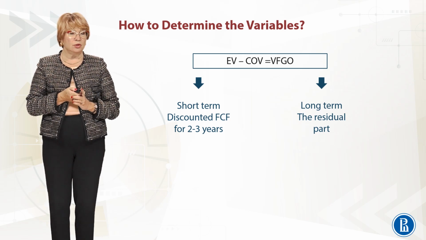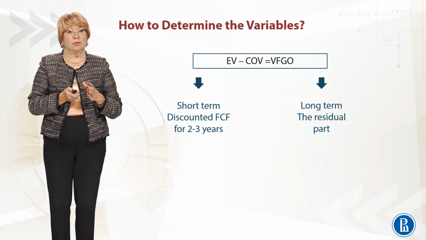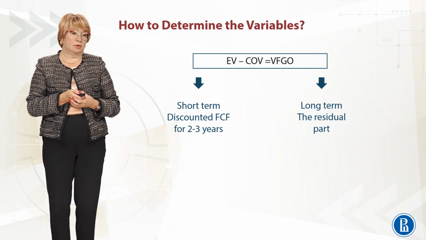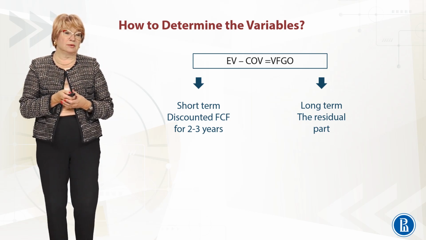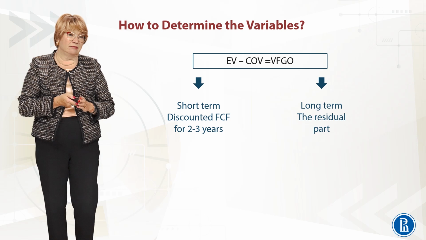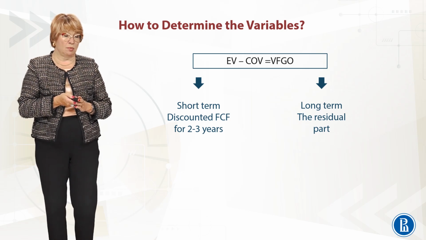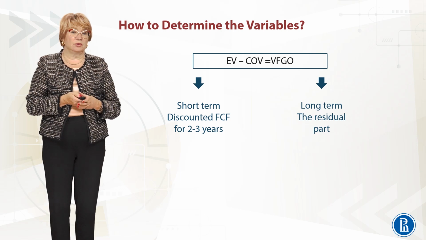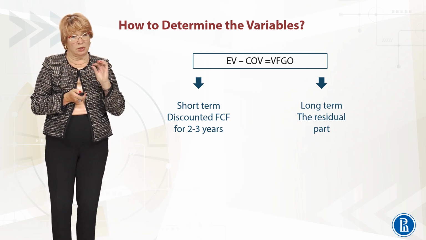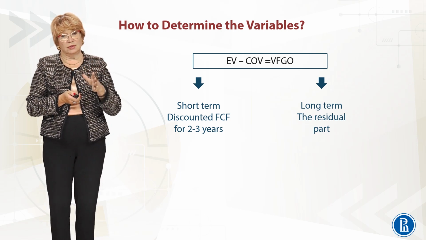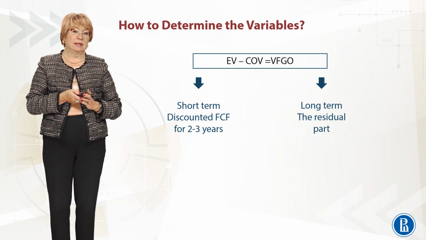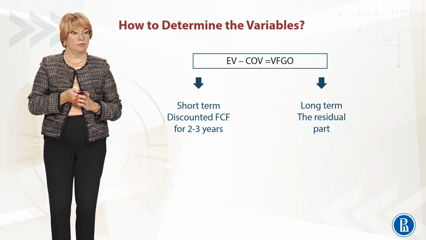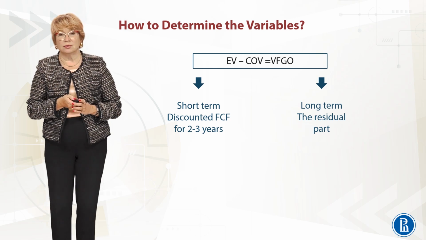So from the value of future growth opportunities, we will subtract the component already computed by the standard discounted cash flow valuation for 2 or maximum 3 years, which captures the short-term expectations, and the residual will give us the value for the long-term component of the value of future growth opportunities.